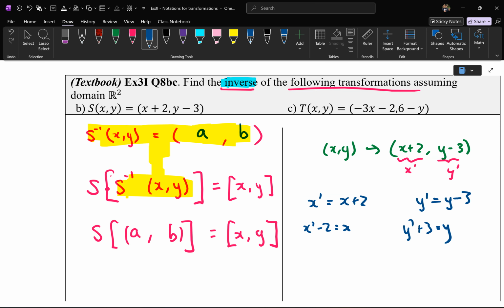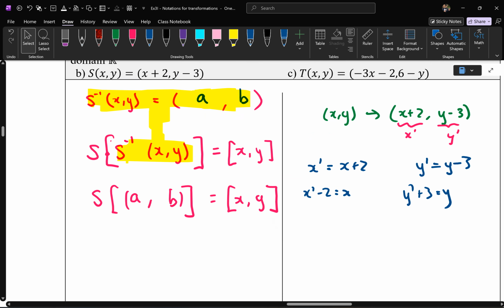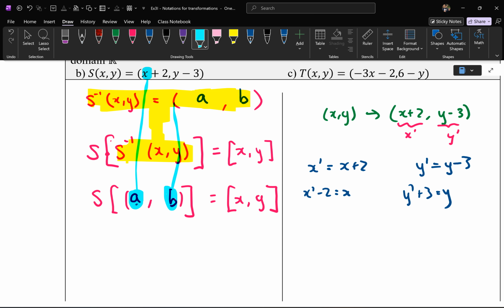So if I sub A, in blue, back into the x transformation, and B into the y transformation, this line should then be (a + 2, b - 3). That is the coordinates I'm looking for.